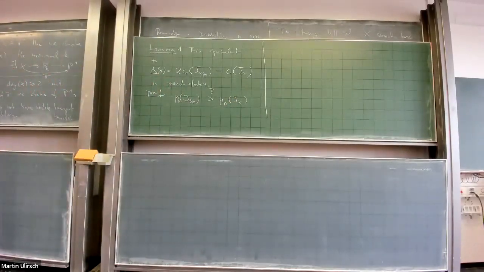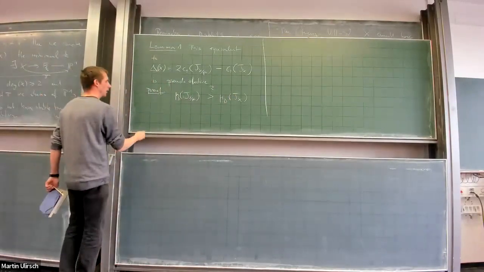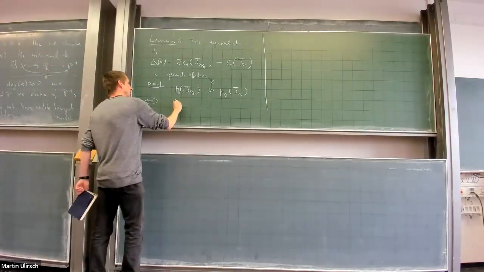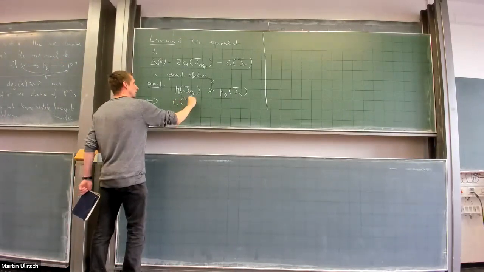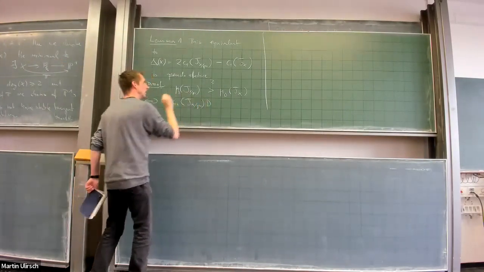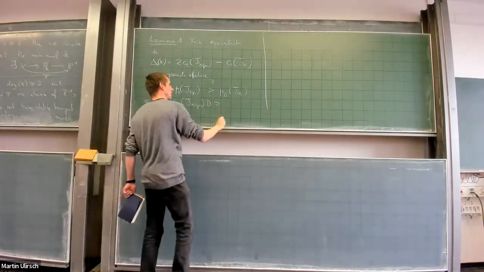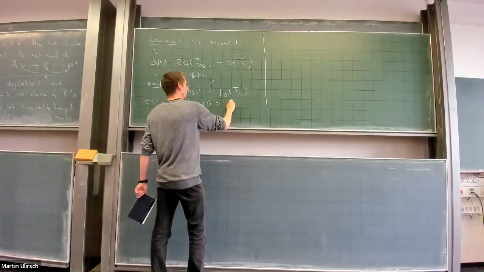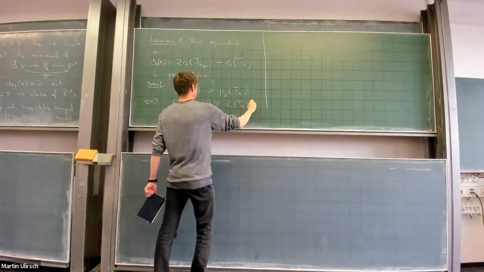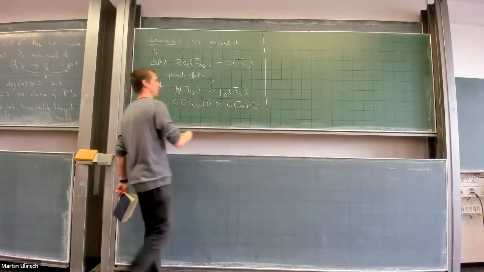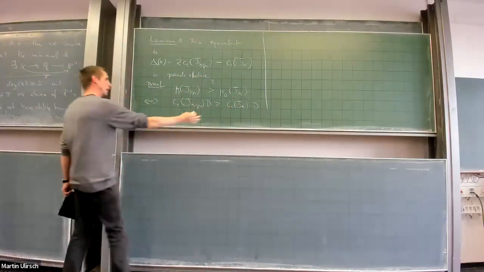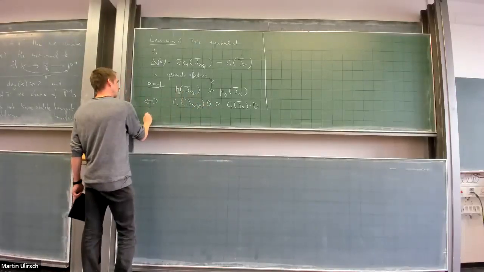So I want to prove this inequality. Let me analyze what we get here. This is the first Chern class of the relative tangent bundle times D in our setting, and we ask whether this is strictly larger than the first Chern class of the tangent bundle of X times D. Okay, but now I just rearrange, bring everything to the left.